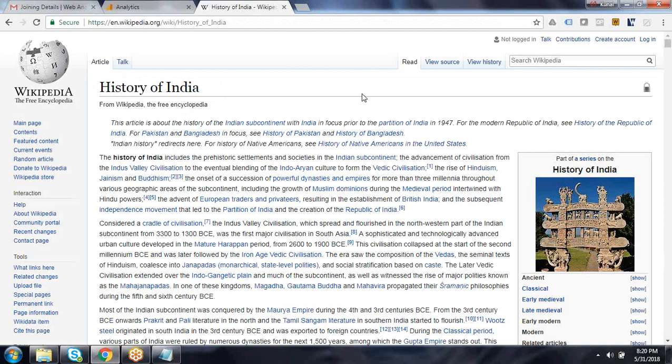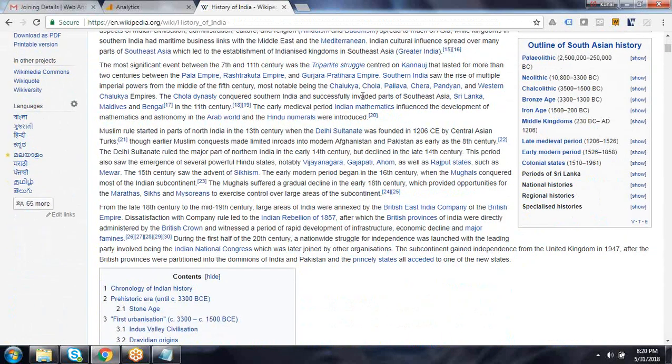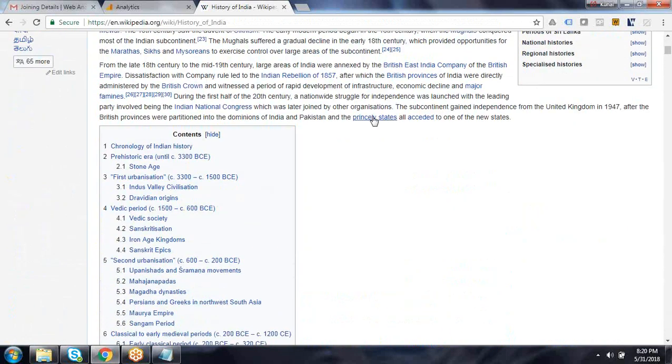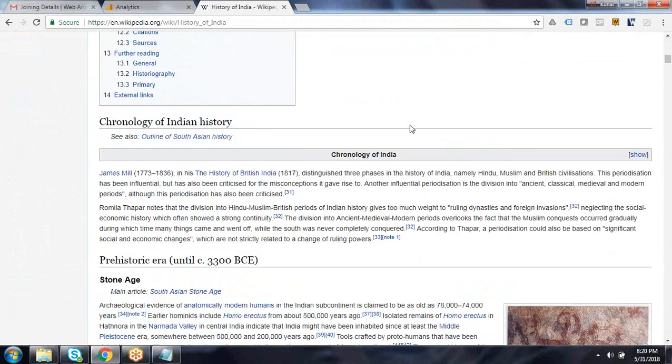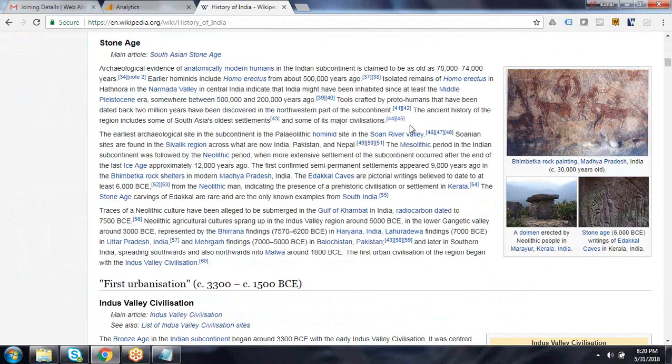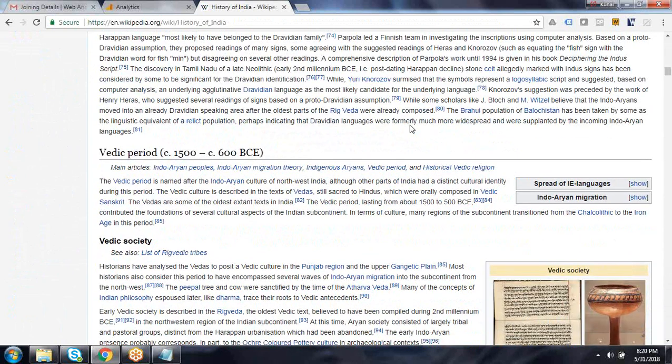So, okay, I'm on this page, the Indian history page. Now, this is a very long page, and I keep on reading it. I'm not clicking on any of these links. I'm just reading this article and taking notes. For 45 minutes, I kept on reading this article.